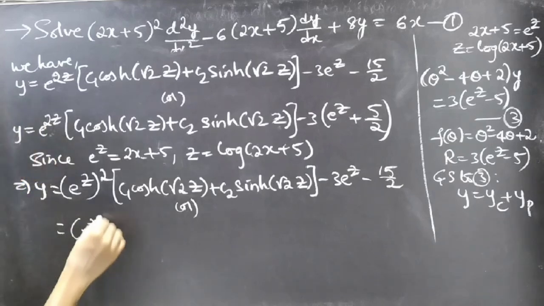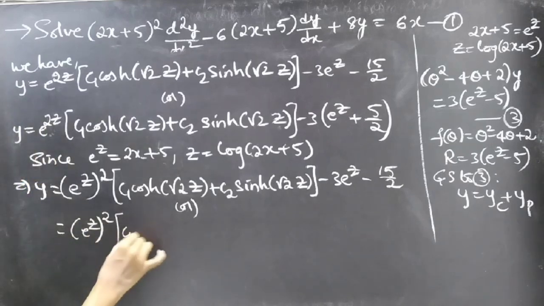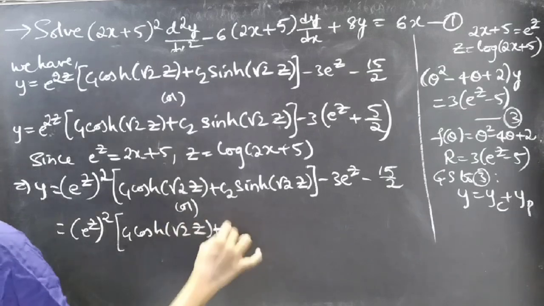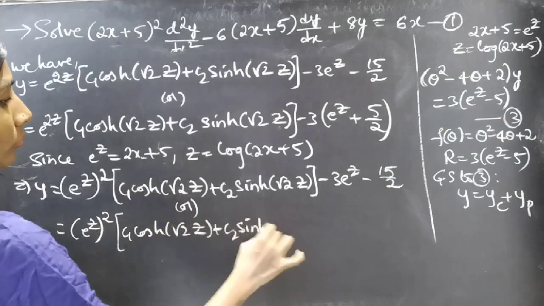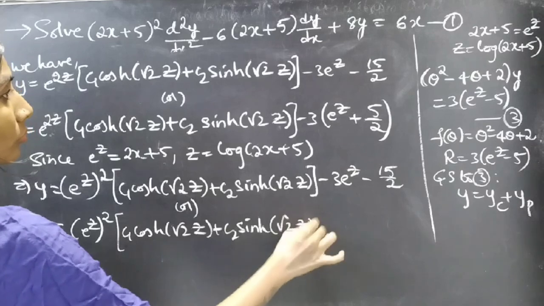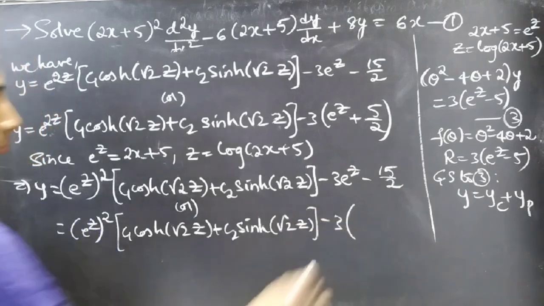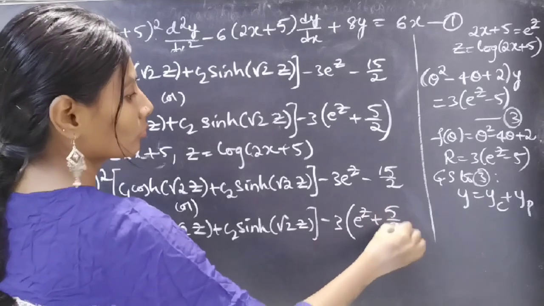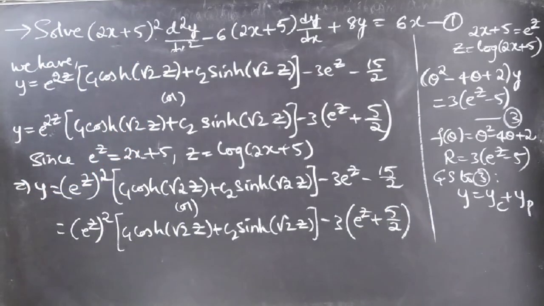Again here e power 2z can be written as e power z whole square. Right? Now it will be easy to replace e power z by 2x plus 5. Let's see that.